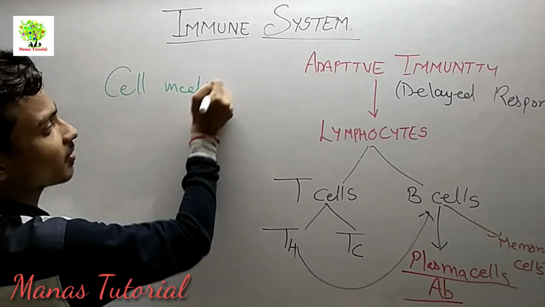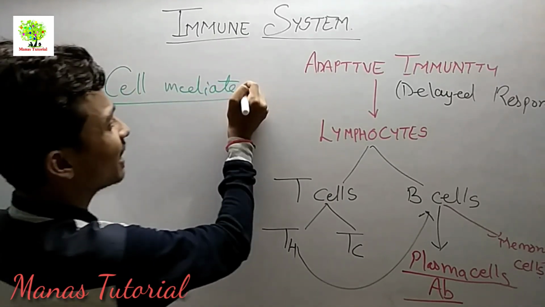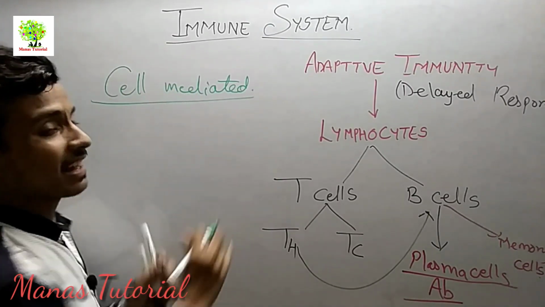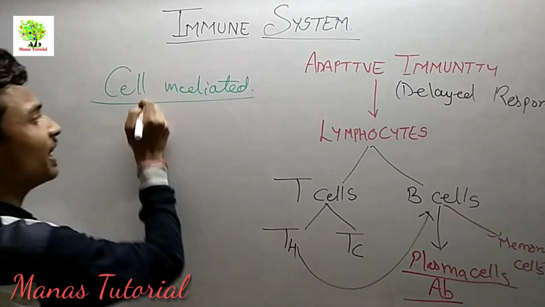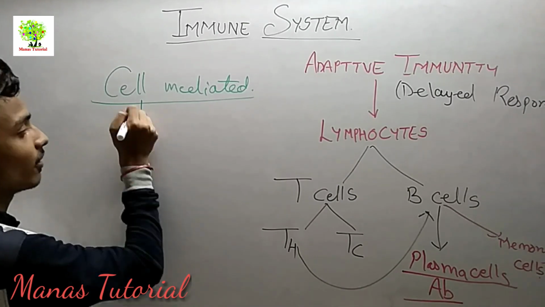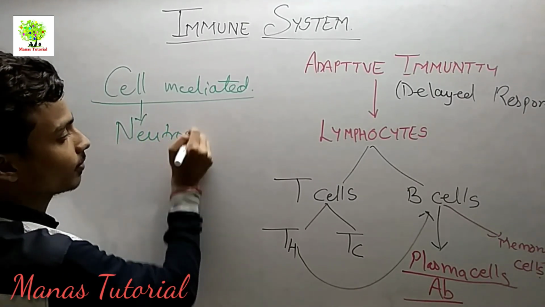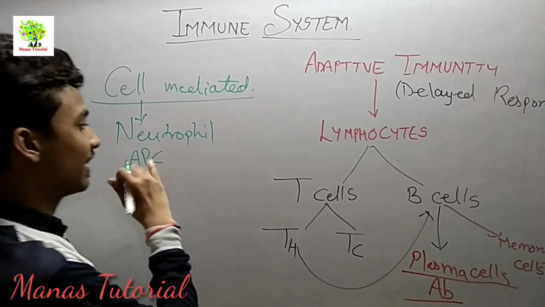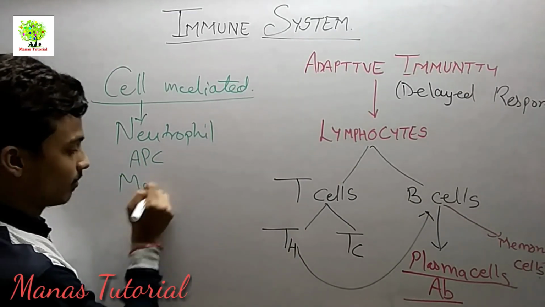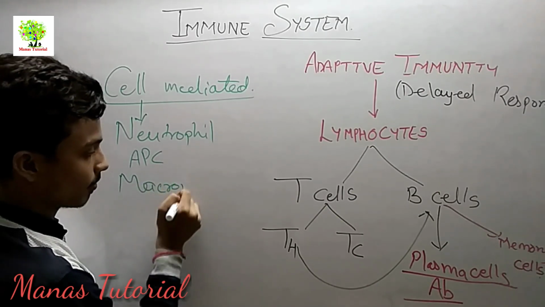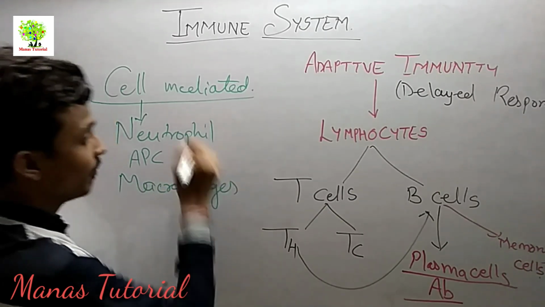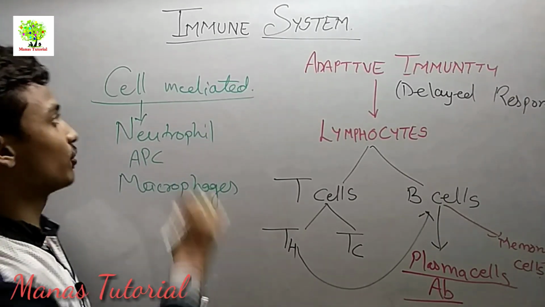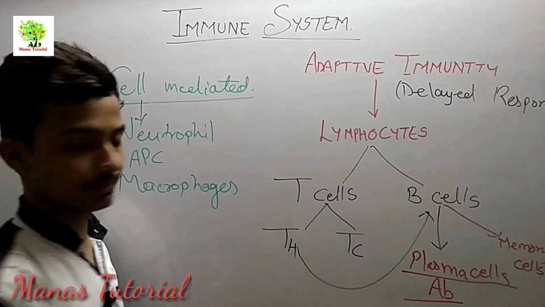Cell-mediated, as the name suggests, includes cells such as neutrophils, antigen-presenting cells, dendritic cells and macrophages. These are all cells, hence this kind of immunity is known as cell-mediated immunity.